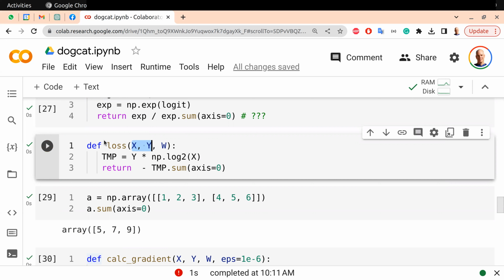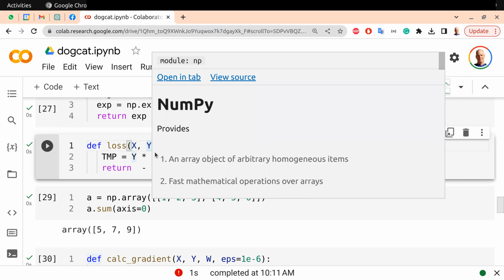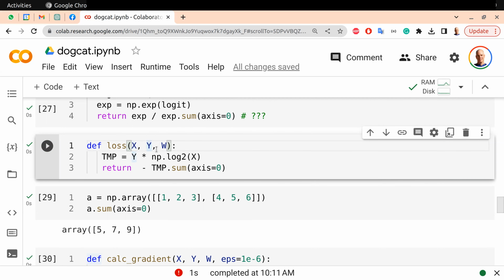But big capital X is not just one picture. Remember, it's a matrix of all the pictures, 200 by 120,000. The dimension of X should be 120,000 by 200. And what is the dimension of Y, you think? 2 times 200. Exactly.